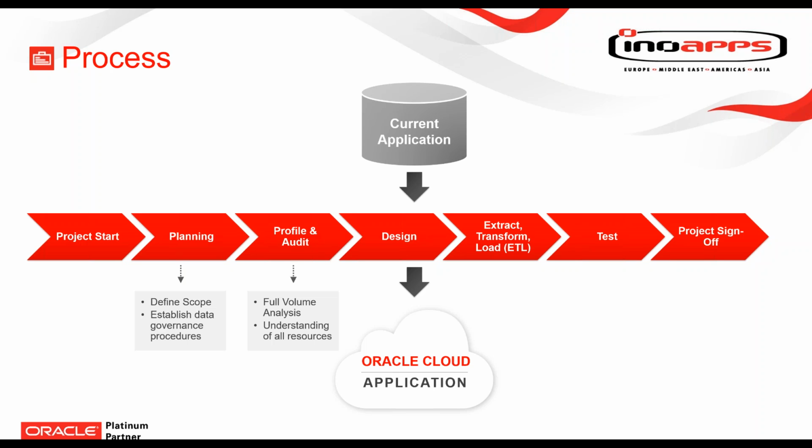So this is the perfect time to take that out of your configuration. So don't just cut and paste. Extract and look at how you can use that configuration and then load it into the new cloud application, with still the same sort of controls around defining the scope, designing the solution, testing it, and then signing off.